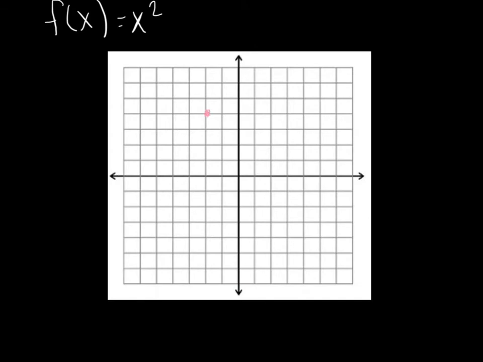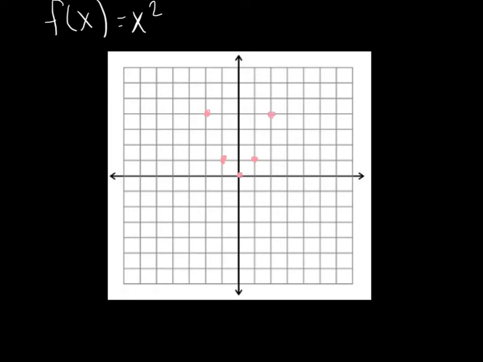Okay, and then the next point is -1, 1. So that's going to be right here. And then we have 0, 0. 1, 1. And 2, 4.